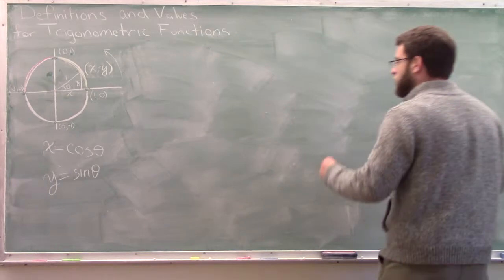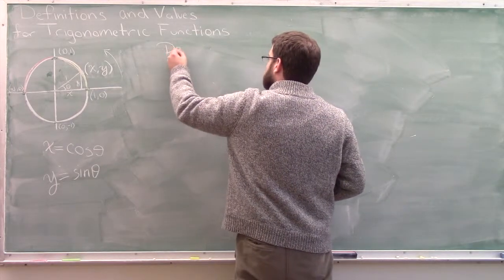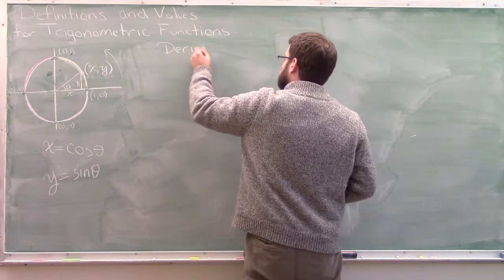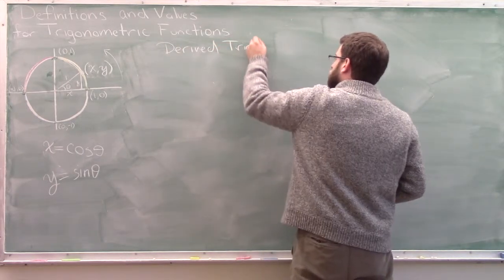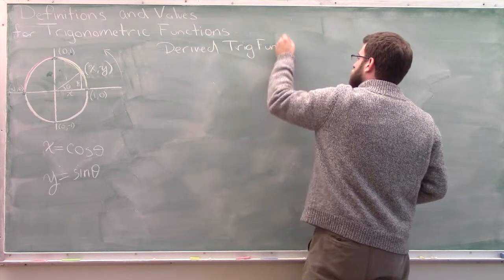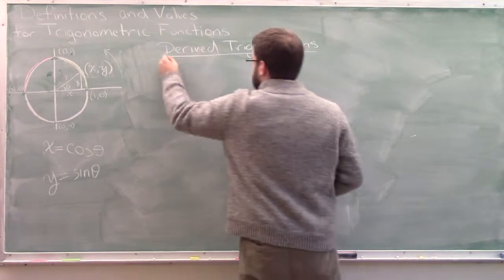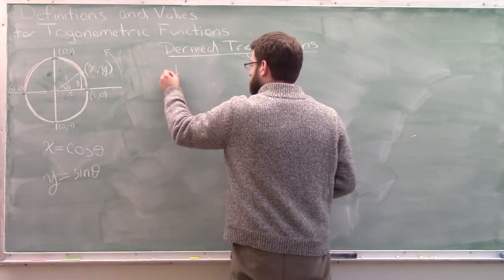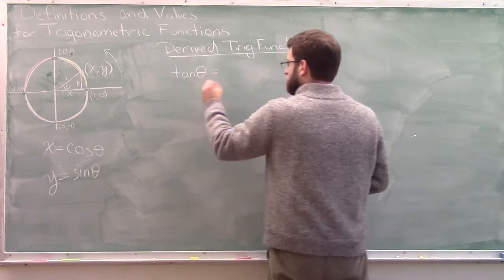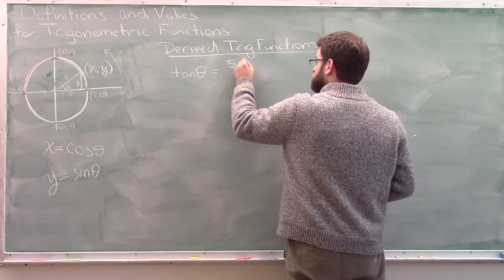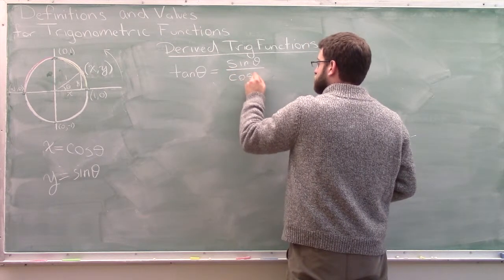So let's write out the derived trig functions and their definitions. We have the tangent function, which is defined as the sine function divided by the cosine function.